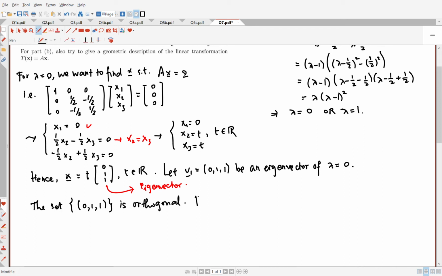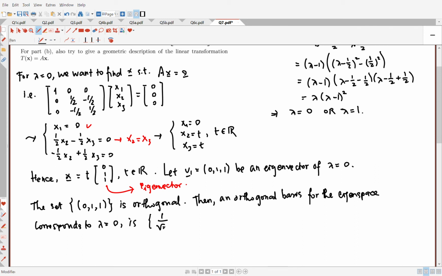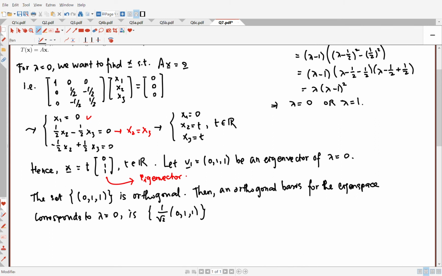Yes, okay. Then an orthonormal basis for the eigenspace corresponding to lambda equals 0 is 1 over square root 2 times (0, 1, 1). Okay, we are done with lambda equals 0.